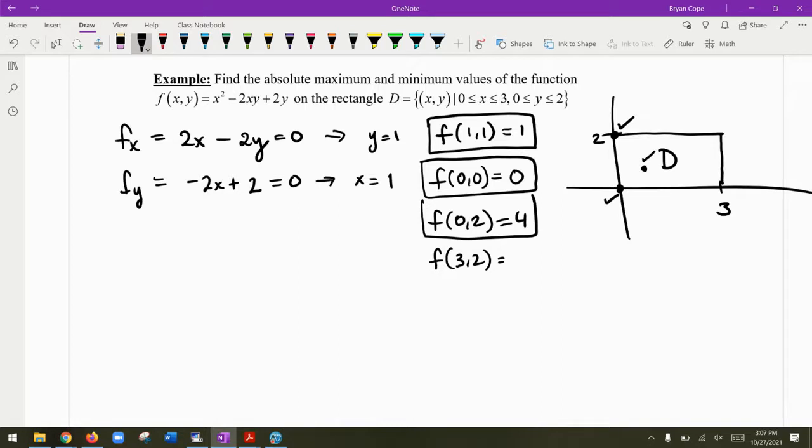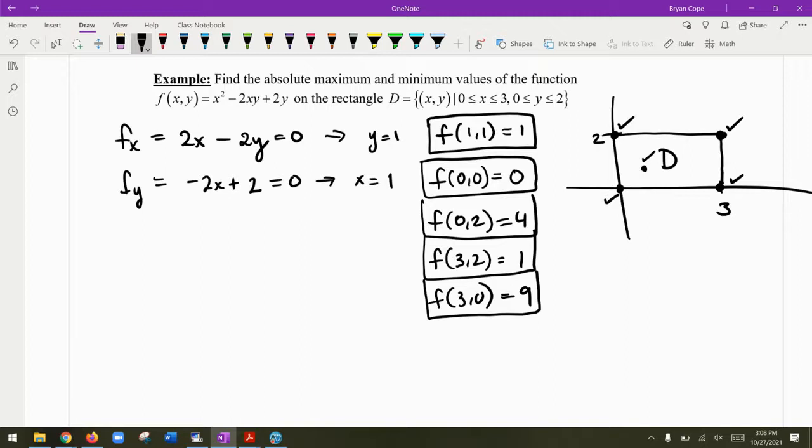Is it 1? Thanks. Okay, so we've checked this point. And then f of 3, 0. Yeah, 9. Good. Okay, so far, the winner is (3, 0), giving us our maximum, and the loser is (0, 0), giving us our minimum. That feels mean to call it a loser, but whatever. Okay, so great. There are corners, so we've checked the corners.